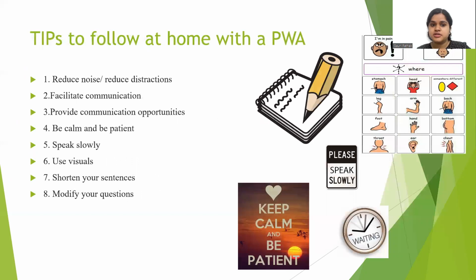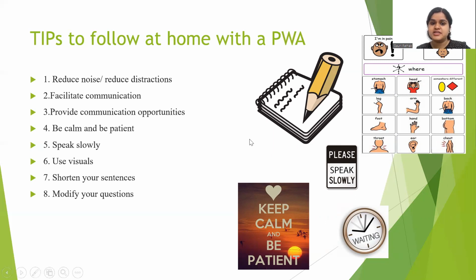So what are some of the tips that you can follow at home if your loved one has aphasia? First is to reduce noise and to reduce distraction. If you reduce the background noise, the message that is conveyed to the person with aphasia is delivered clearly and there's no hindrance. Then second is facilitate communication.